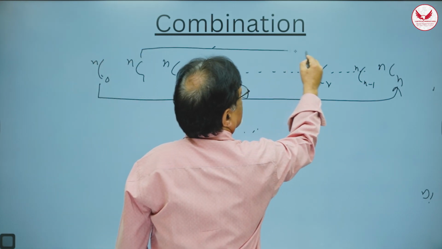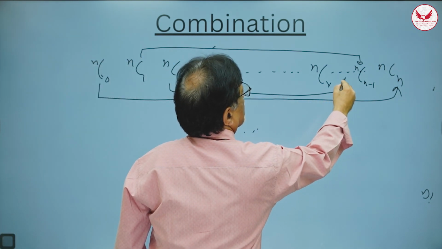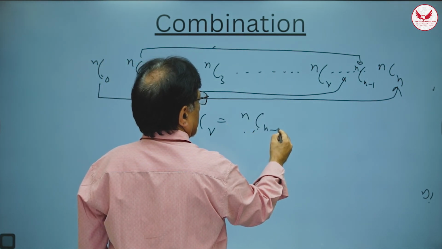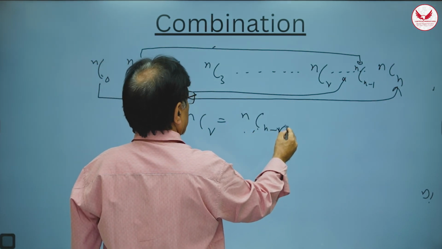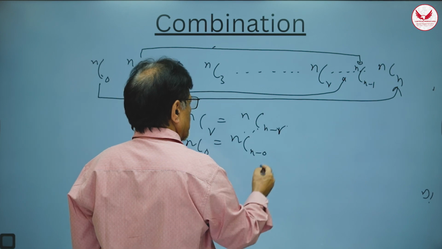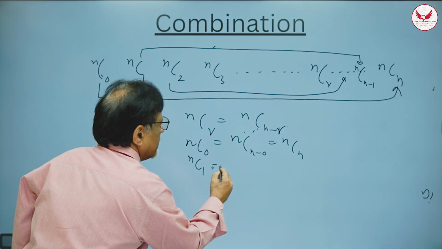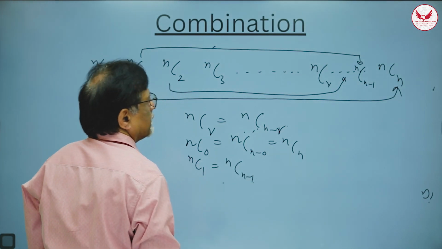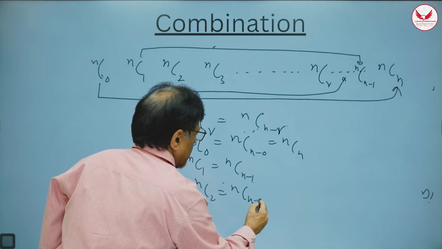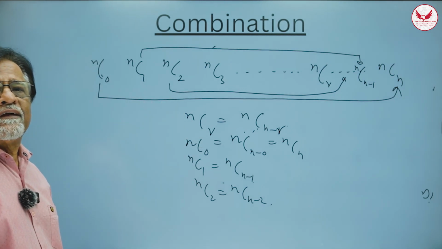NC1 will be same as NC(n minus 1). Correct? NC2 will be equal to the previous number here, because we know that NCR is same as NC(n minus r). For example, NC0 is same as NC(n minus 0), so therefore it is equal to NCN. NC1 is equal to NC(n minus 1), which I told you. Now NC2 is equal to NC(n minus 2). First, last, second, last, third, last. They have same values, right?